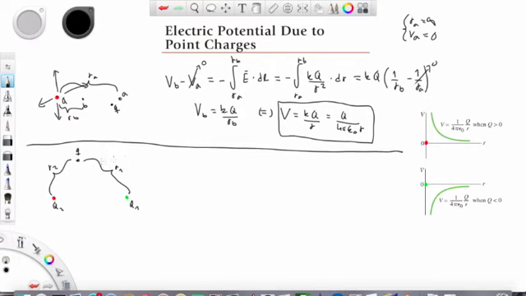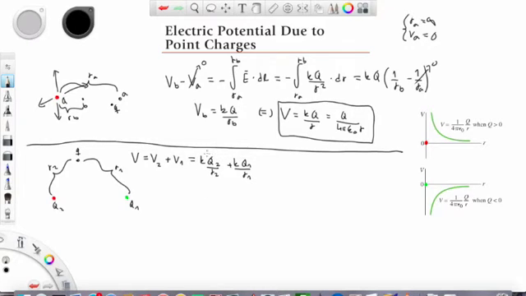So the total potential of the charge Q in this field generated by these two charges would be just the potential relative to Q2, V2, plus the potential from Q1, V1, which will be K times Q2 divided by R2 plus K times Q1 divided by R1.